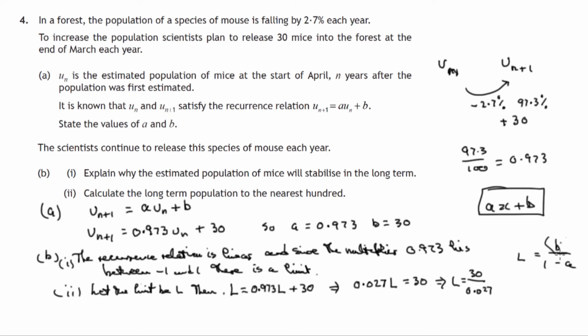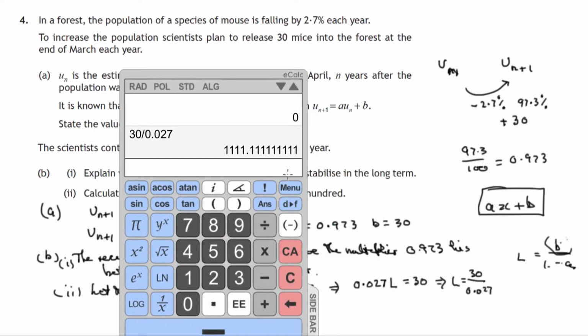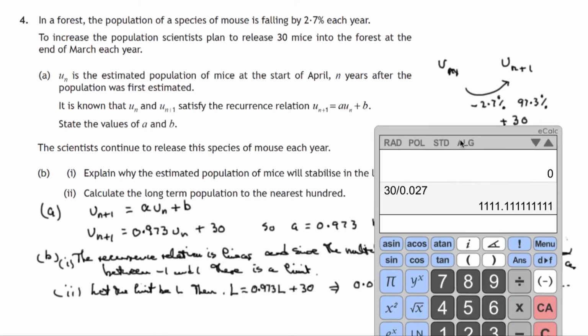There b is 30. 1 minus 0.973 gives us the 0.027. So it's time for calculator, and you can see 30 divided by 0.027 gives us 1111.11 and so on.